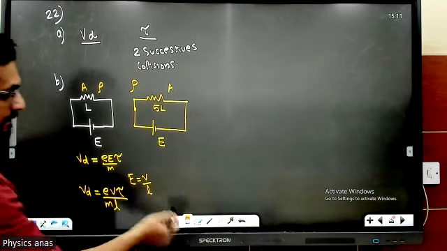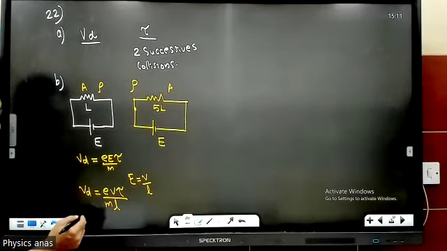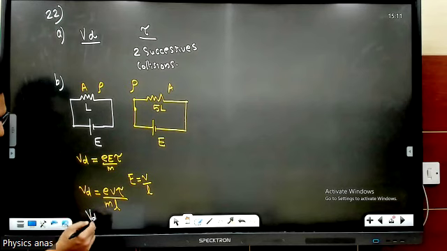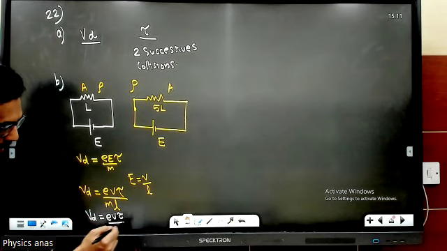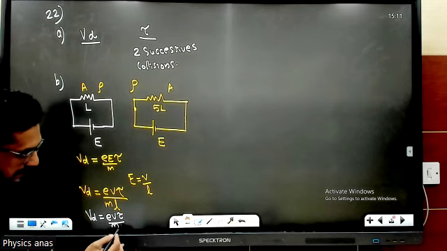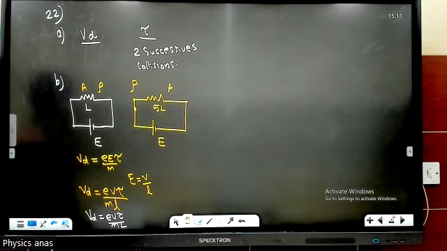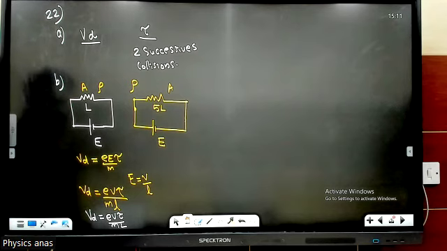From this equation, we can write the equation for our case. Drift velocity is equal to eV tau by mL. Here, the length of the conductor is capital L. So this is the equation for drift velocity.